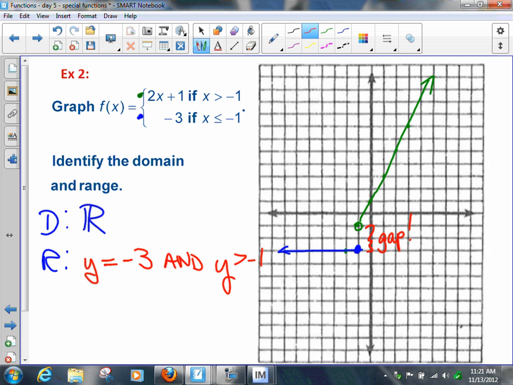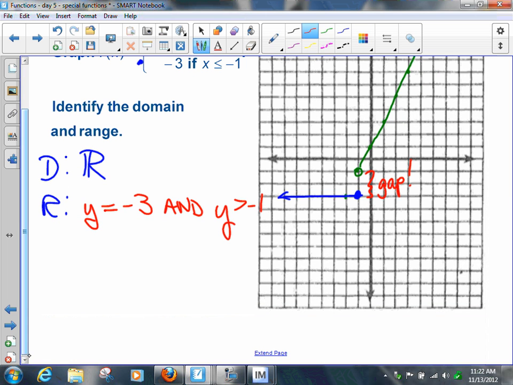Now, how else can we write this? This is totally acceptable. If we were to put this in interval notation, we would have to write it this way, folks, which is just a little weird because you've not seen it before. I would put fancy brackets, 3. Union.